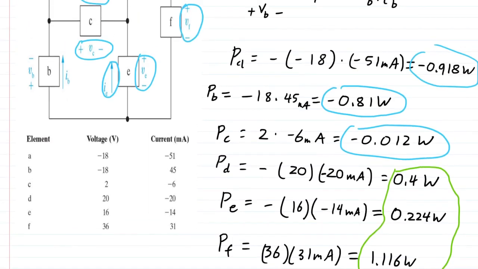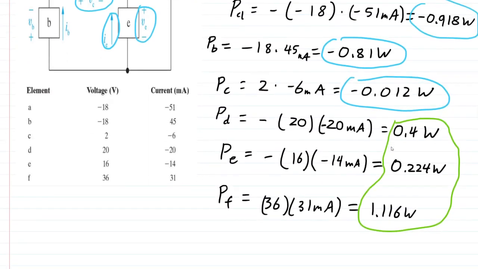Anyway, you add up all these three blue ones, you get a total power developed or supplied. You can use either. The power developed will end up being 1.74 watts.